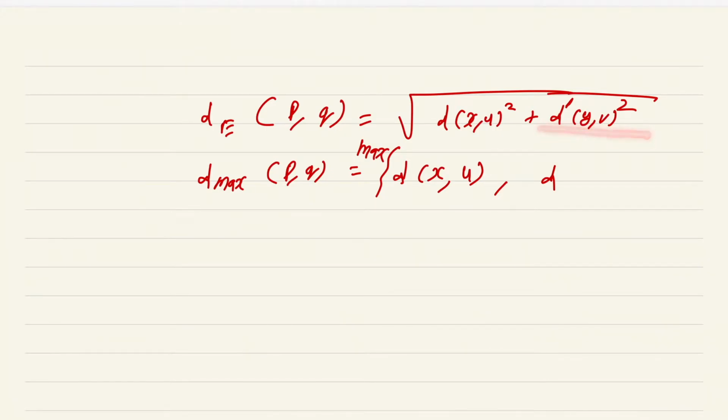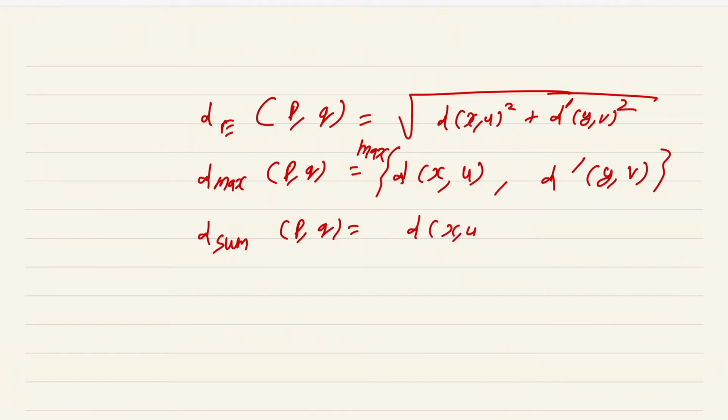So max of d(x, u) comma d prime (y, v). You just take the maximum of the two, as the name suggests. And the third one, d_sum of P, Q, is, as you could expect, d of (x, u) plus d prime of (y, v).